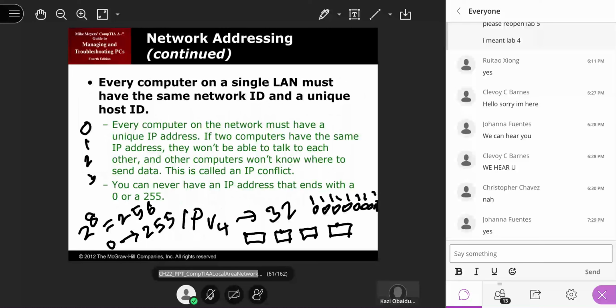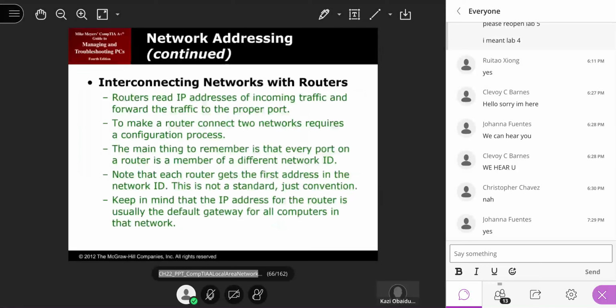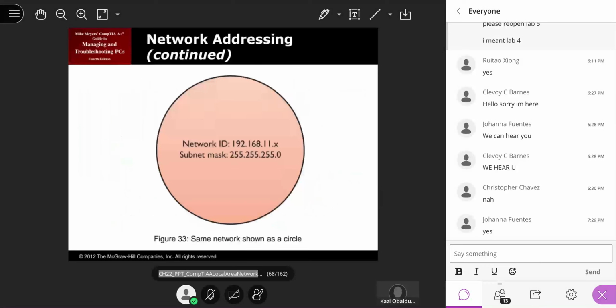Which part is for the host, which part for the network, which part for the subnet, we can find by using the subnet mask. I'm not going in depth. Just keep in mind that we can detect which part is the network part by using the subnet mask.